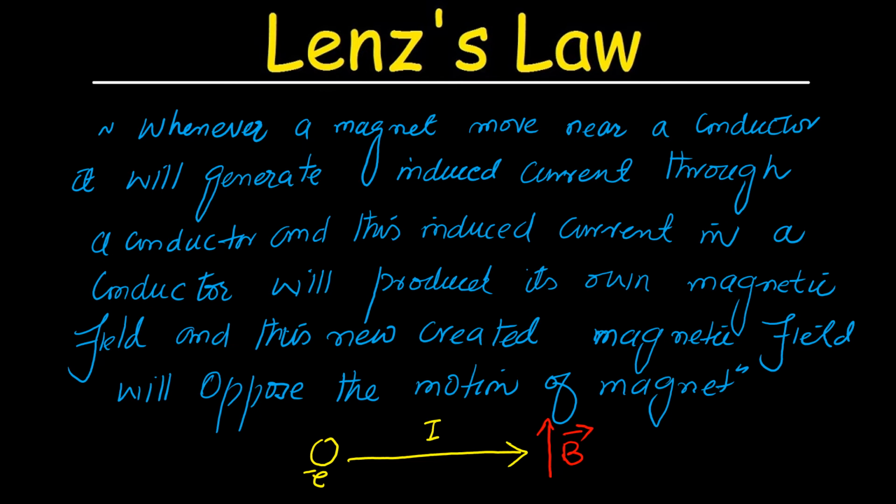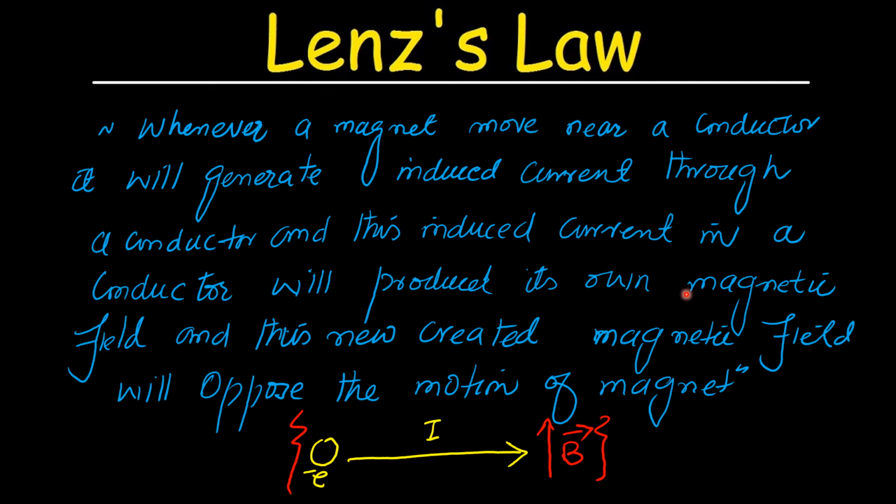So whenever a magnet is moved near a conducting coil, a current will be induced in the coil, and this induced current will produce its own magnetic field.